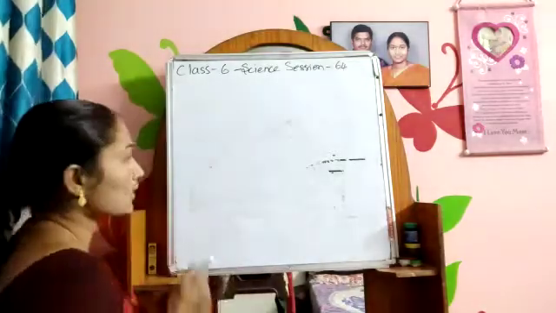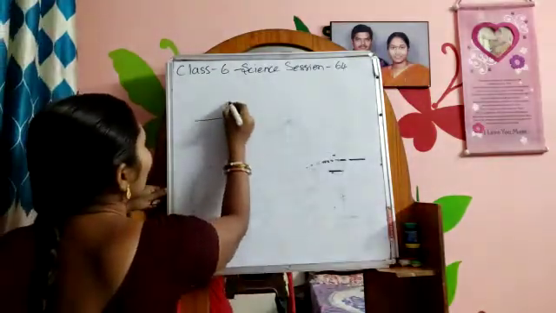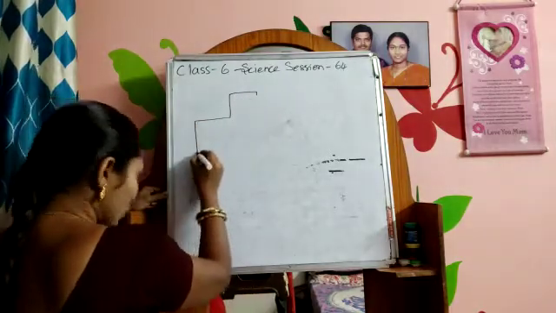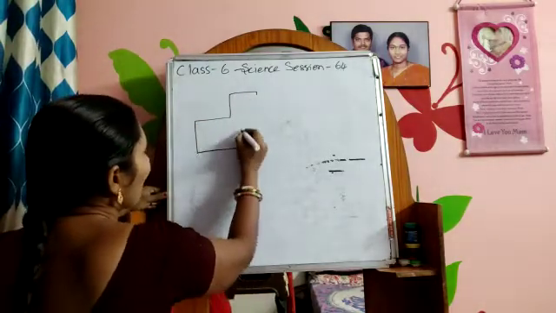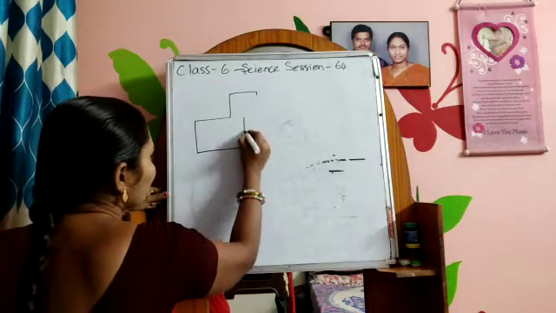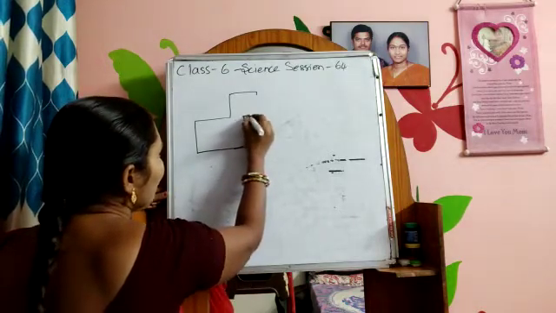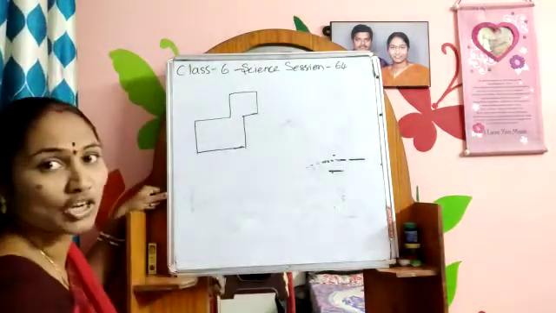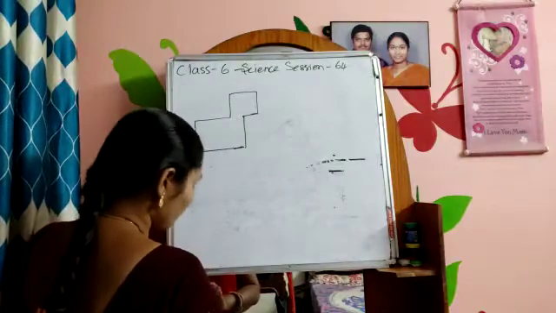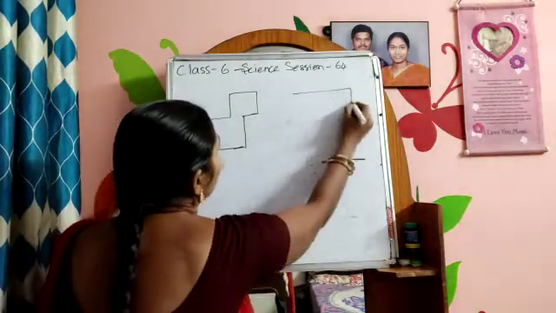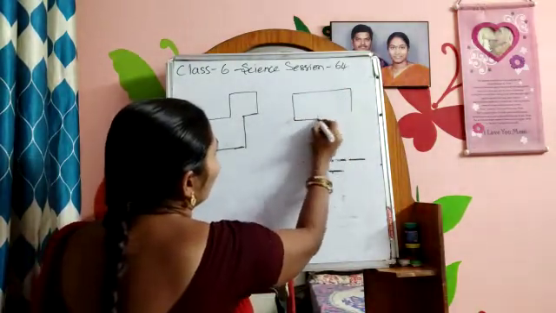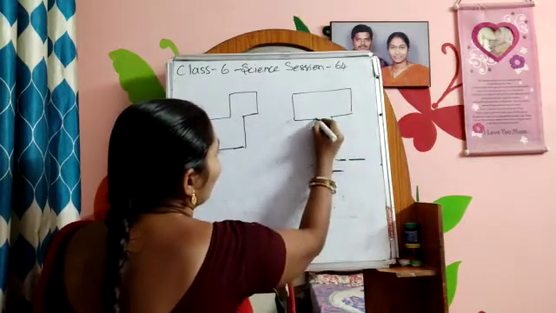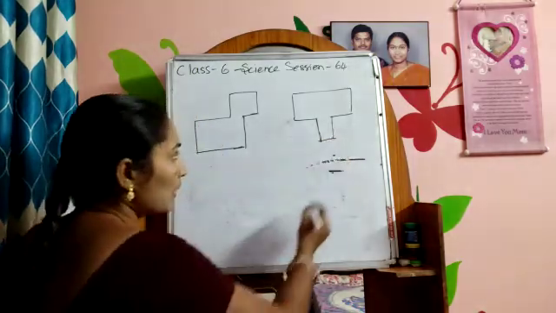we have to take A4 size paper and cut it in the same drawing sheet shape which the father has given. The father has given the drawing sheet which is in this shape to Ramu, and one more is in this shape.